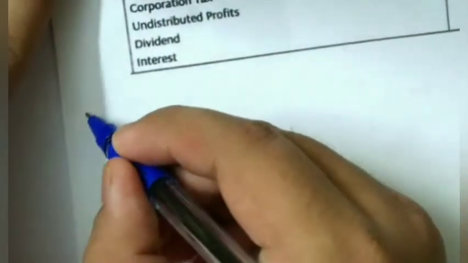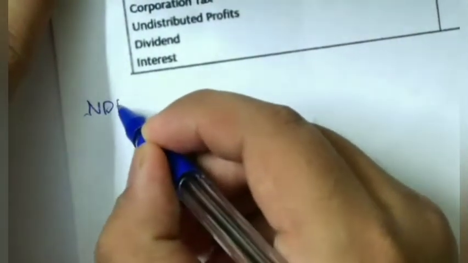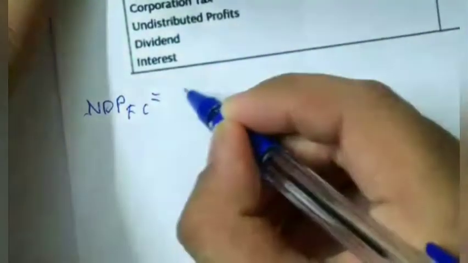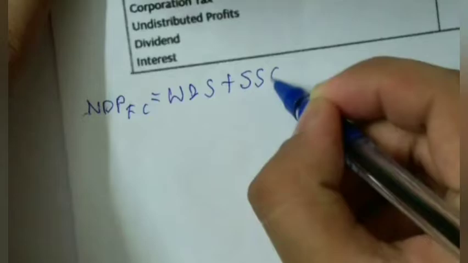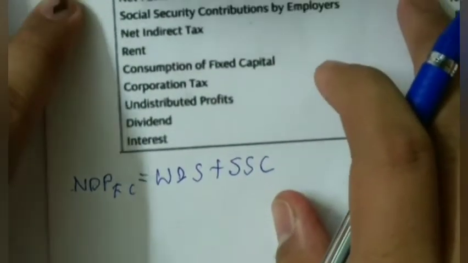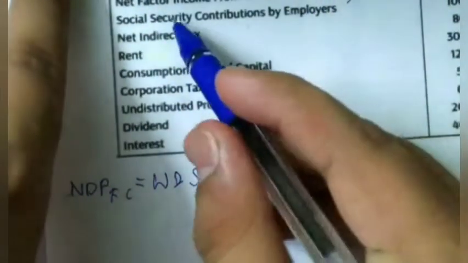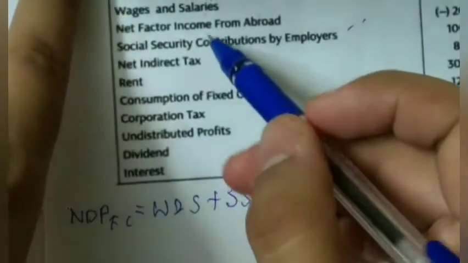So according to the income method, NDPFC is equal to wages and salaries plus social security contribution by employer. Then OS, how do we get OS?